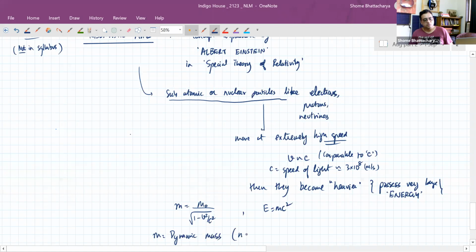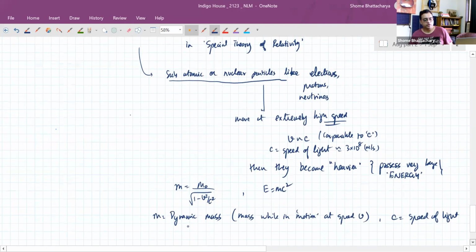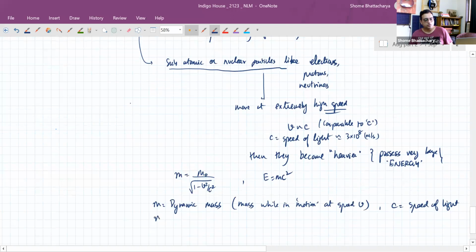That is, it is the mass while in motion at speed v, and c is of course the speed of light in vacuum or air, whatever.